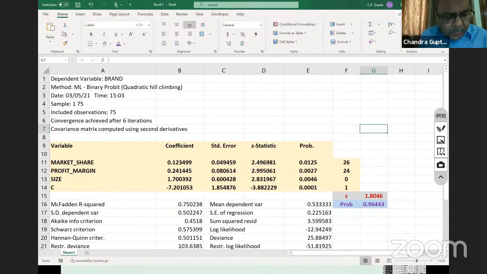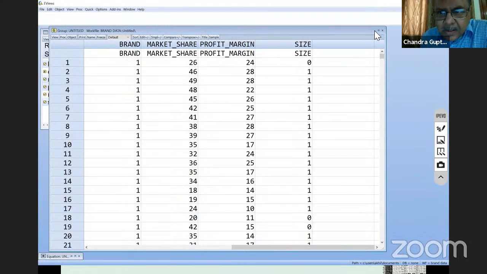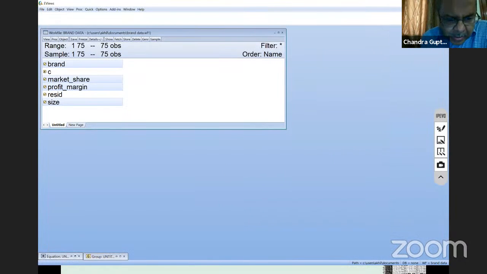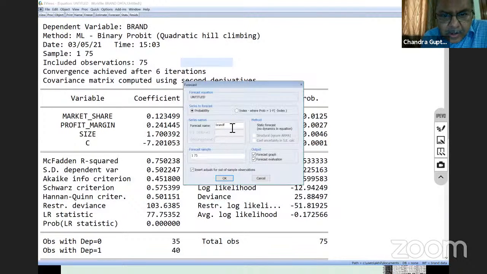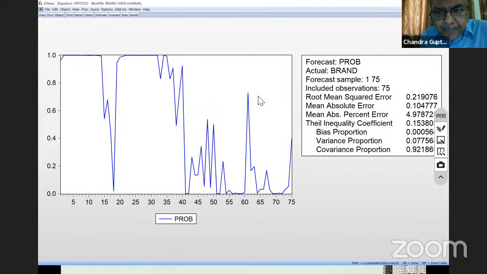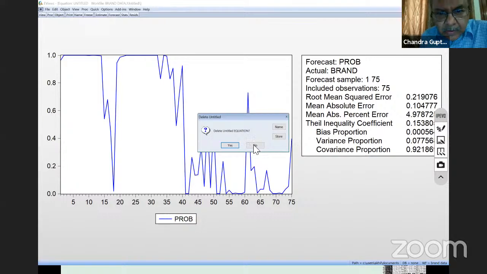Okay, but if you don't want to calculate, you want to forecast using EViews utility. So there is a forecast facility. Here you can put your name of the variable. Suppose I say prop. Okay, then that's the graph they are showing.